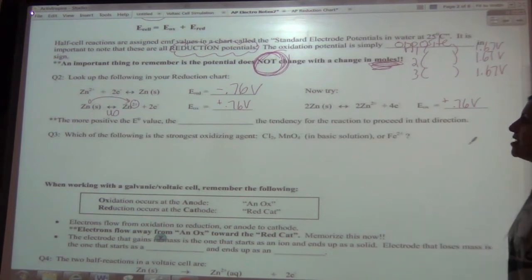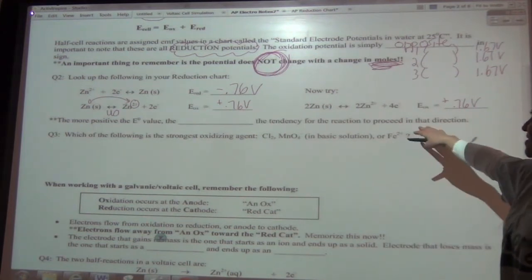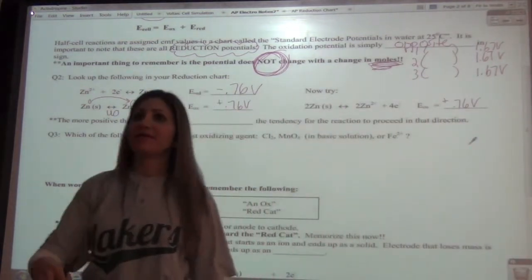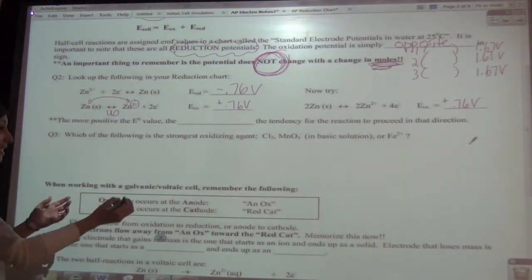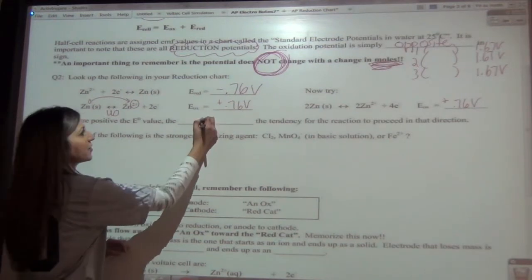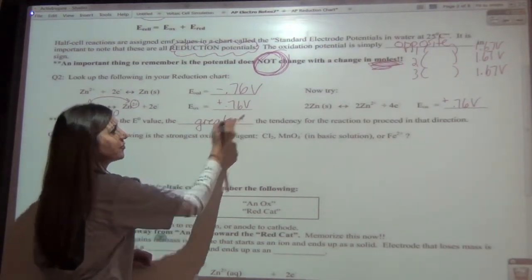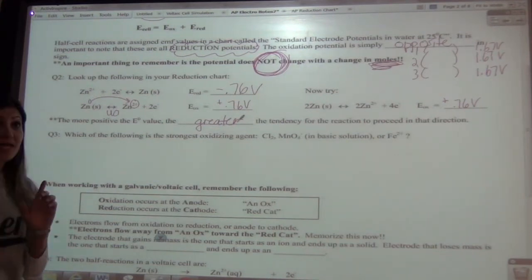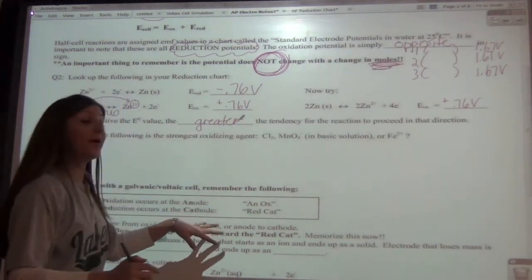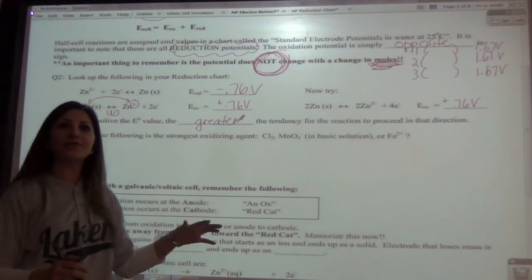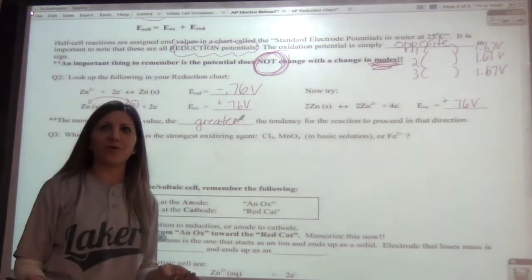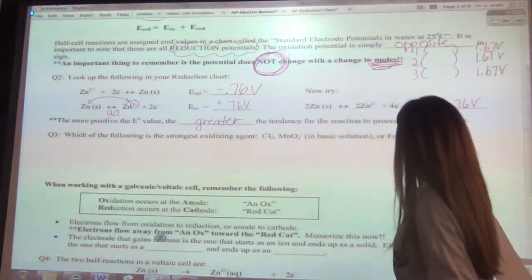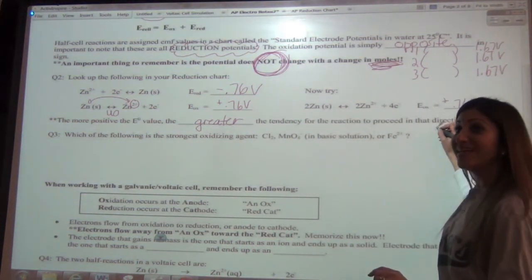So the more positive the E value, the blank the tendency for the reaction to proceed in that direction, what do you think? The higher, yep, the more likely or the greater the tendency for it to proceed in that direction. So when we were talking about spontaneity in thermochem, anybody remember the saying, Sarah something?